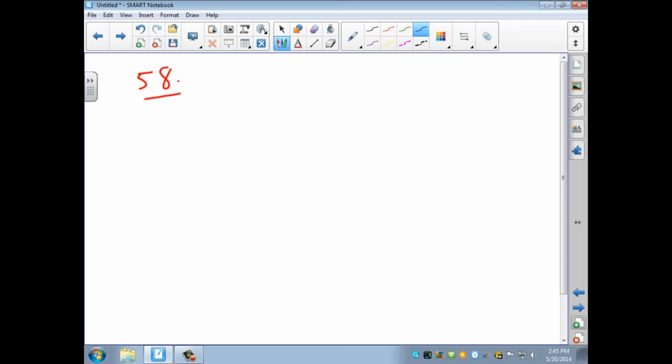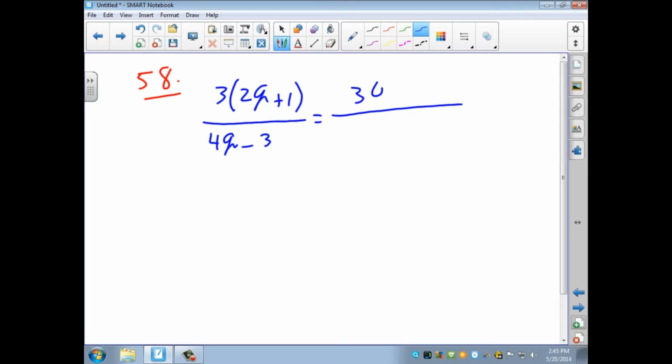It is 3 times (2q plus 1) divided by (4q minus 3) equal (3q plus 1) divided by (2q plus 1). It says solve the equations. Solve these equations, right?